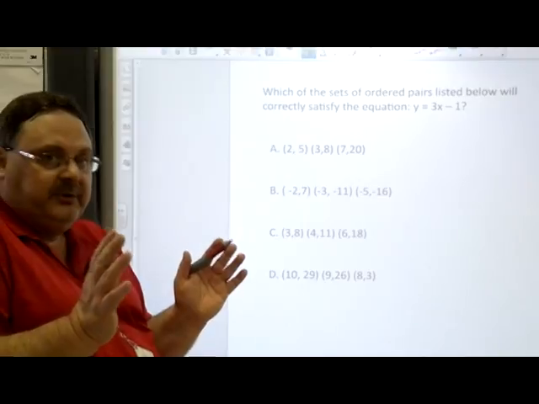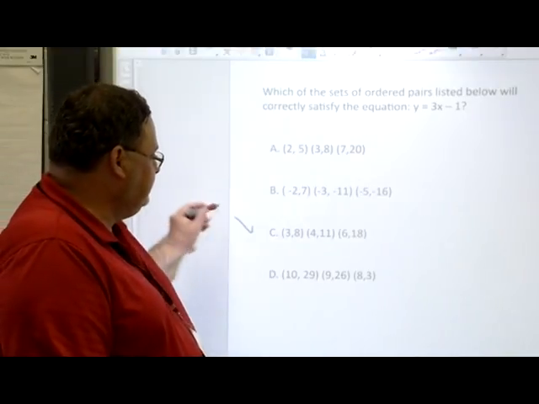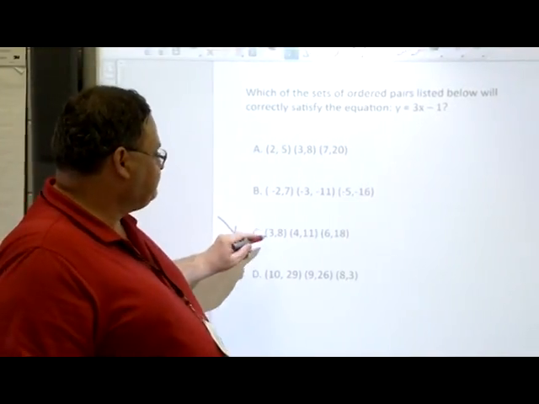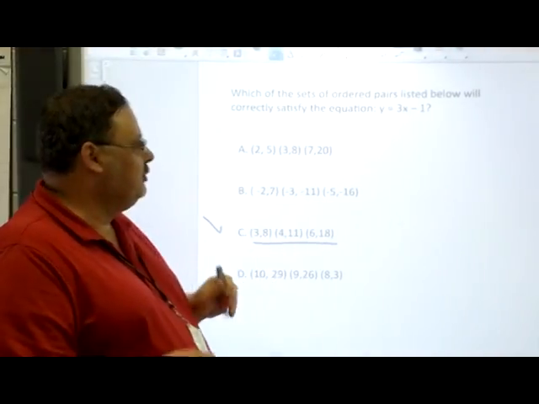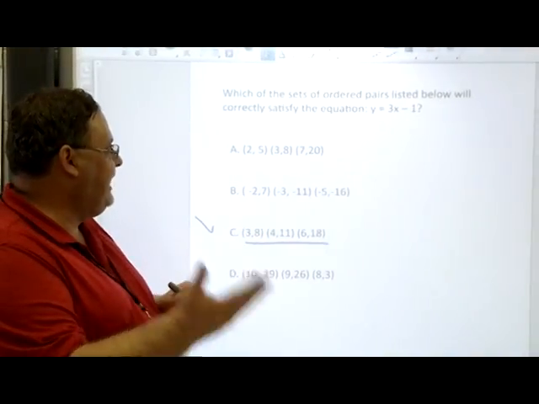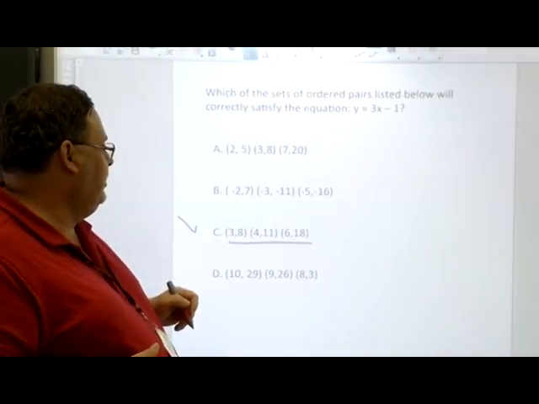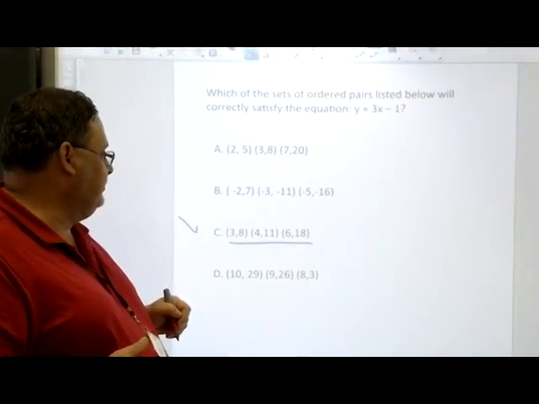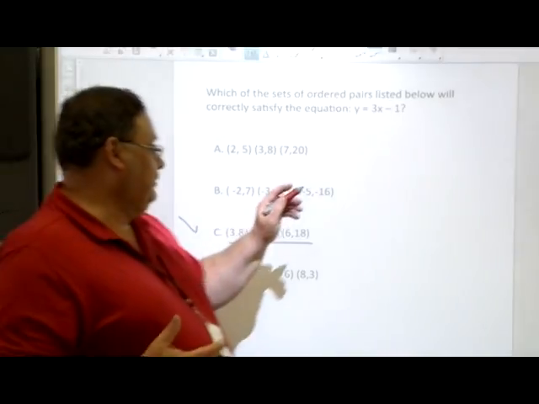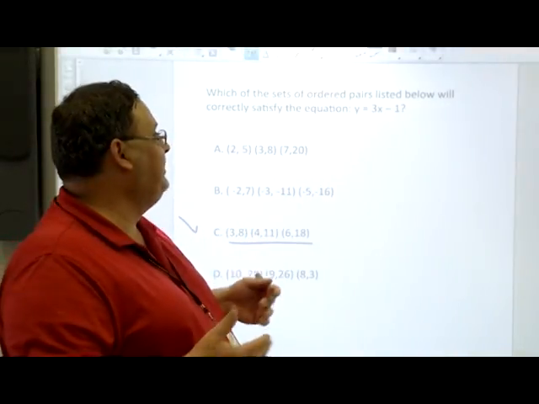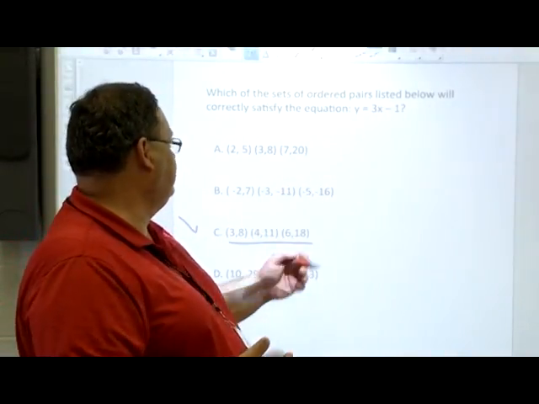So I'm going to jump in and try C right away. With the understanding that an ordered pair is a solution, I want to find out if it meets the requirements. I'll begin with the first ordered pair, x equals 3 and y equals 8. It's going to be a little repetitive, because I have to work this problem a few times.